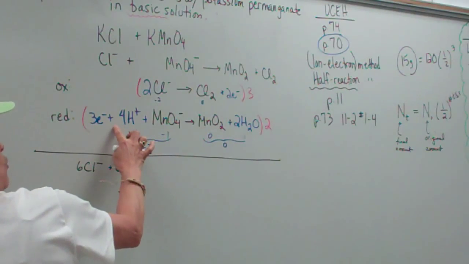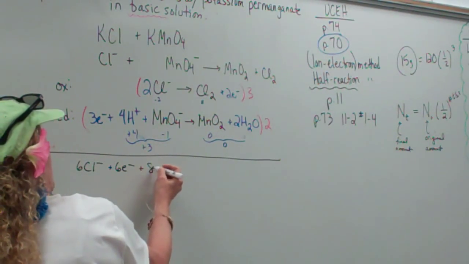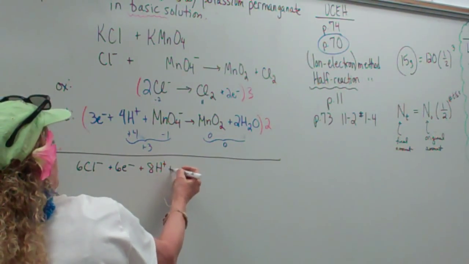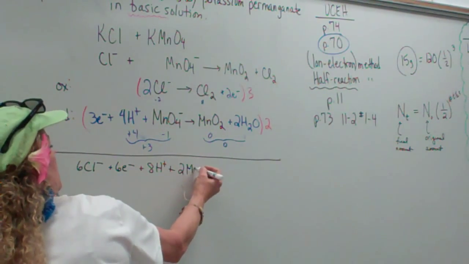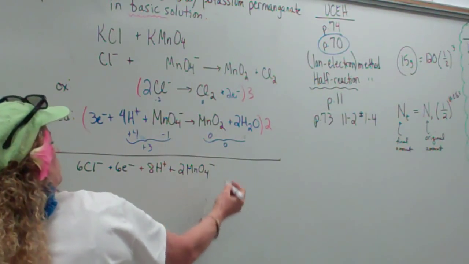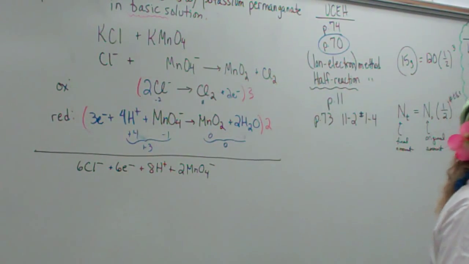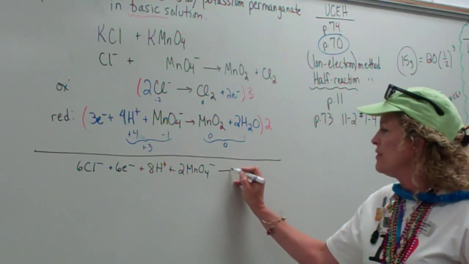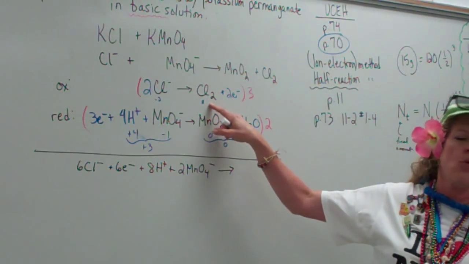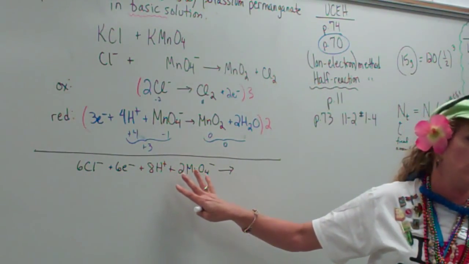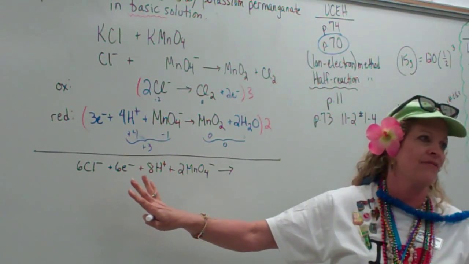2 times the 4 H pluses will give me 8 H pluses. And 2 times the permanganates will give me 2 MnO4s. So far, that's what's on the reactant side. That's going to yield 3 times the chlorine, and it doesn't matter what order you write these in, just as long as you have them on the correct side of the arrow.